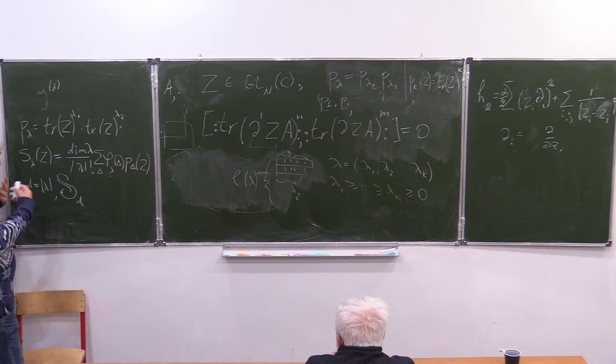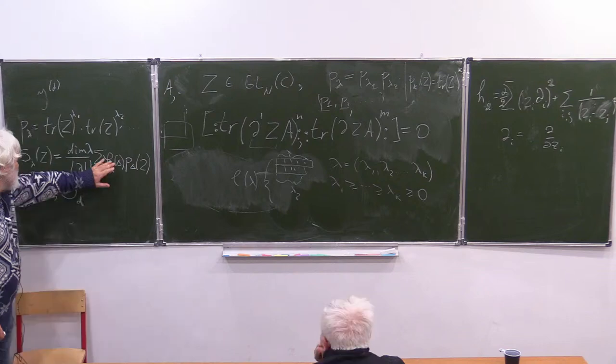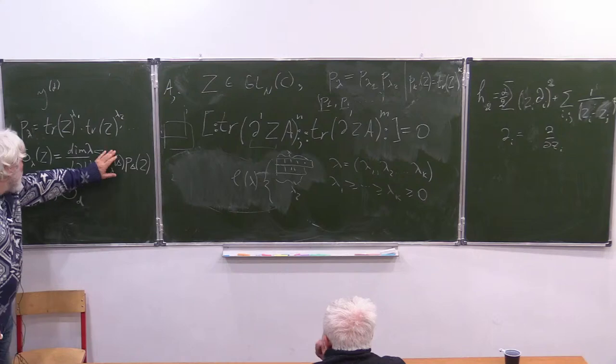And these are some rational numbers known as characters of the symmetric group related to representation lambda and evaluated on cycle class delta. Just some rational number.